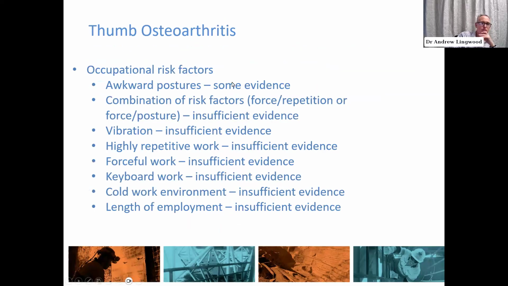So, are there any things that do this? If people are working with forceful tasks in awkward postures around the thumb, there is some evidence, particularly if it's heavy forceful work, that that might exacerbate the arthritis in the thumb. Certainly, if you fall over and hit the thumb or land on your thumb, that can exacerbate the arthritis as well.